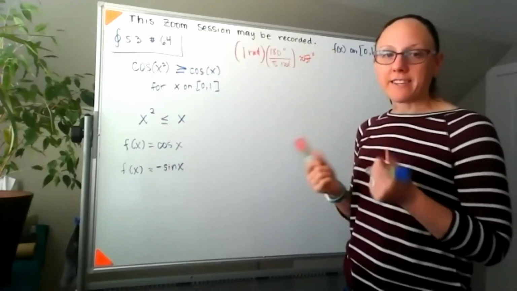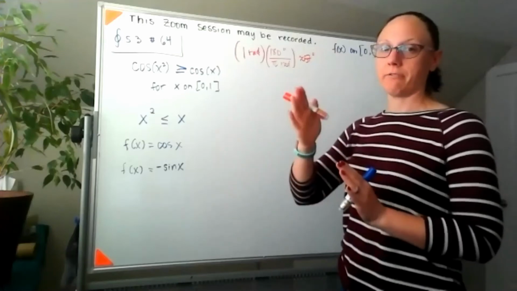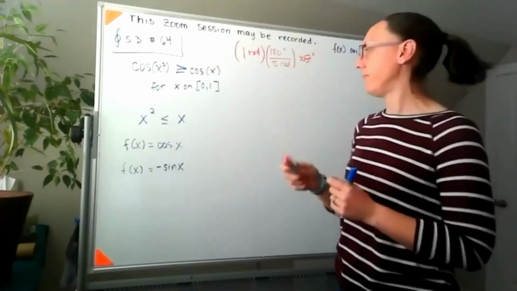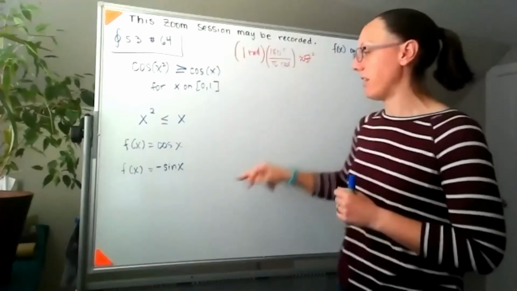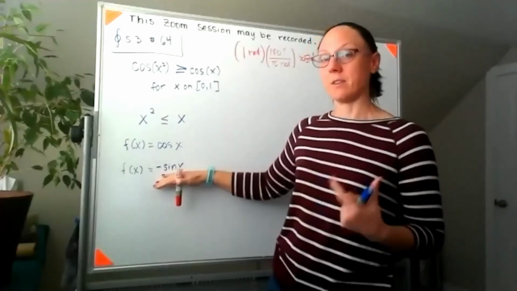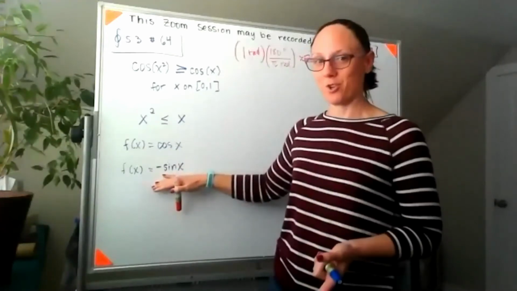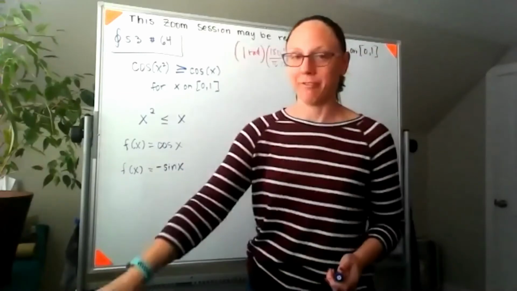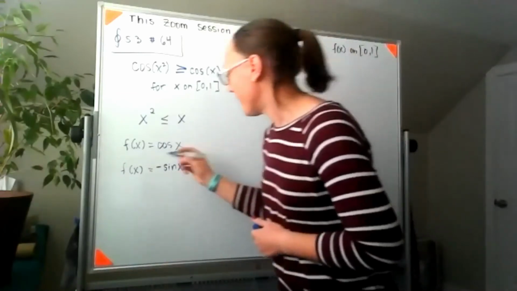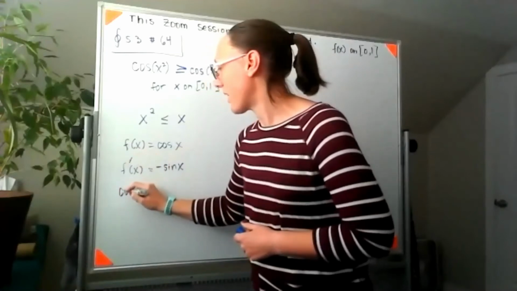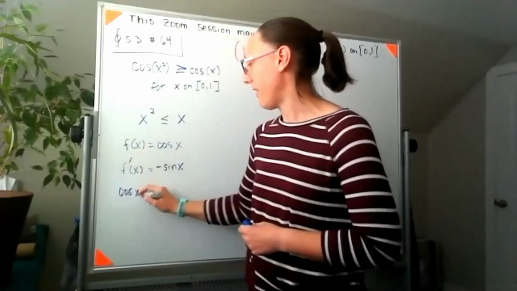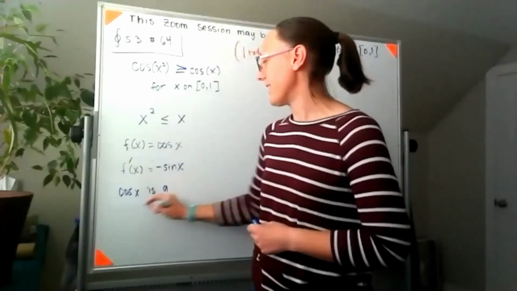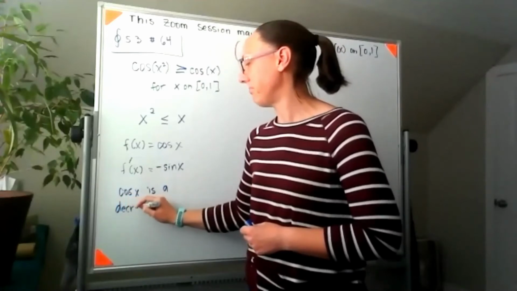So at 57 degrees, we're definitely in the first quadrant, going from 0 to 57, which means sine has positive values in the first quadrant, which makes this derivative always negative on 0 to 1, which means that cosine of x is a decreasing function.